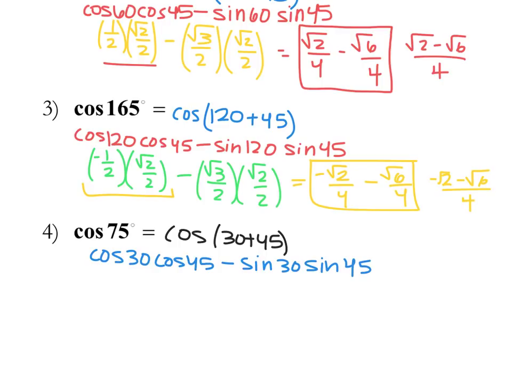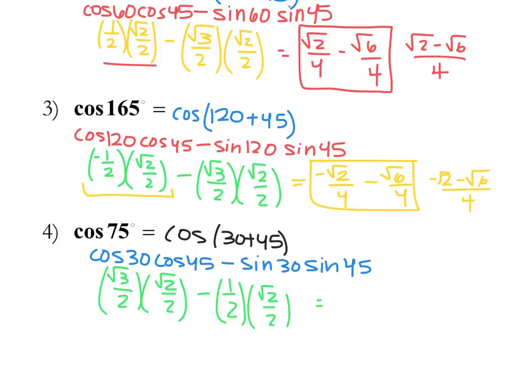Okay, cosine of 30 is root 3 over 2. Cosine of 45, root 2 over 2. Sine of 30, 1/2. Sine of 45, root 2 over 2. Multiplying, we get root 6 over 4 minus root 2 over 4.